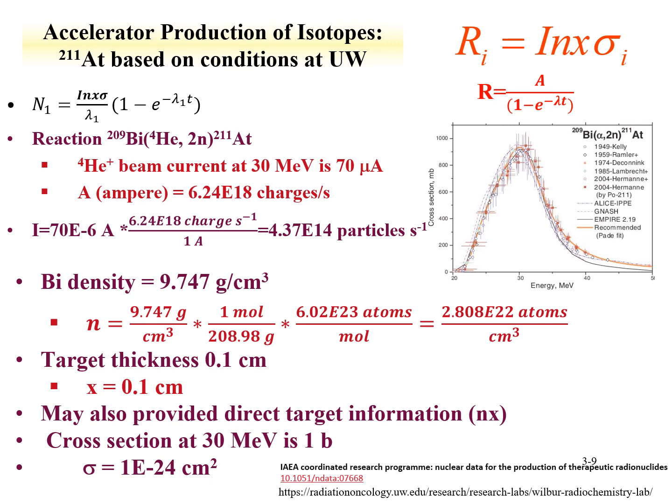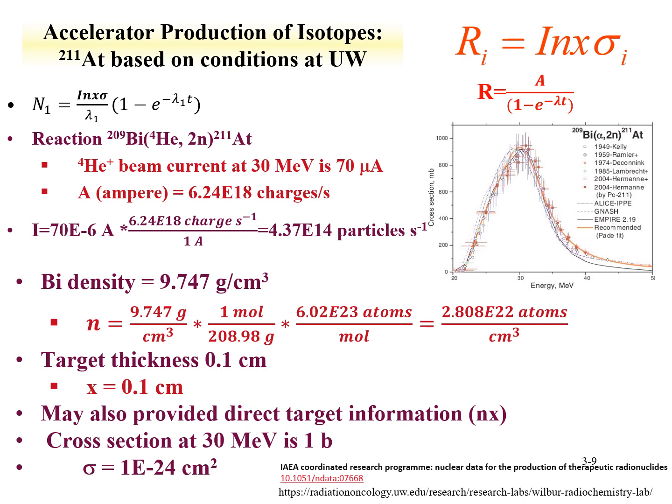The unit ampere is used to convert the microamps to charges per second using the conversion that 1 ampere is equal to 6.24 times 10 to the 18th charges per second. And since the helium projectile is monovalent, 1 helium projectile is 1 charge.